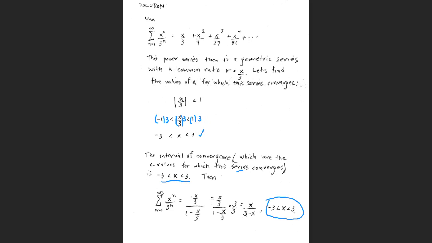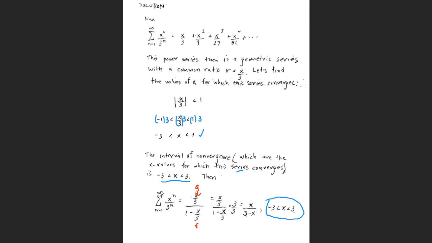For a convergent geometric series, the formula for the summation is a divided by 1 minus r. Well, a is x over 3. That's your first term.